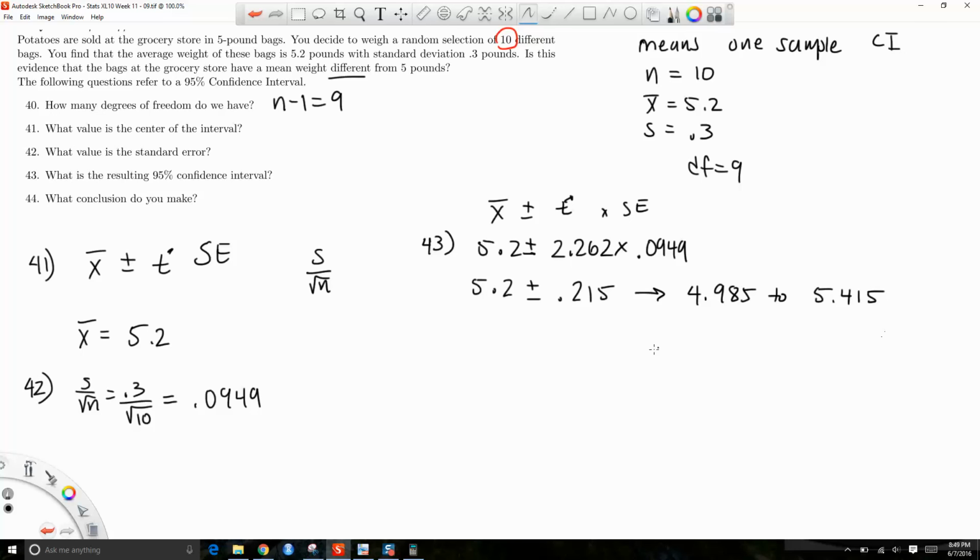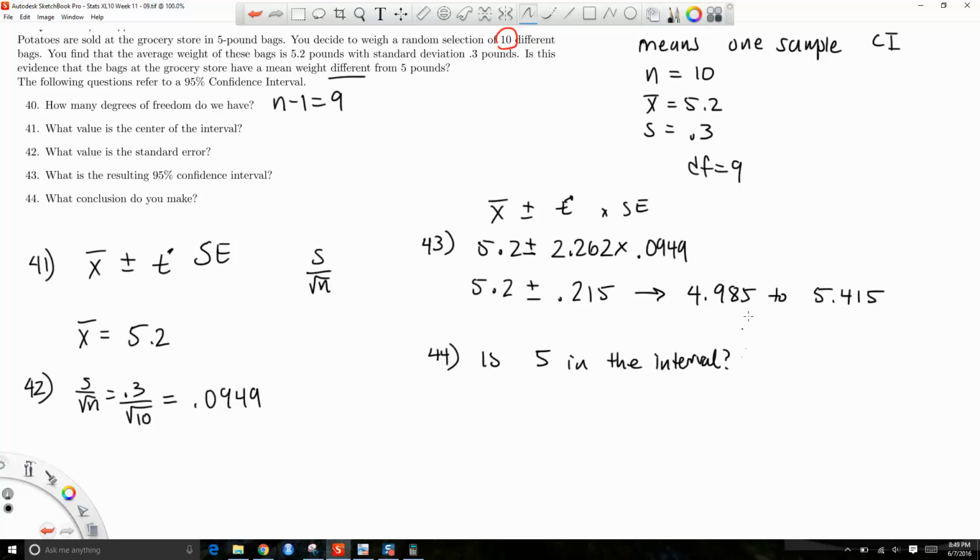Okay, and then so the conclusion we make, we want to know, do we have evidence that it's different from 5 pounds? So we're going to say, is 5 in the interval? It's not 5.2. We're not asking is 5.2 in the interval, it's is 5 in the interval.